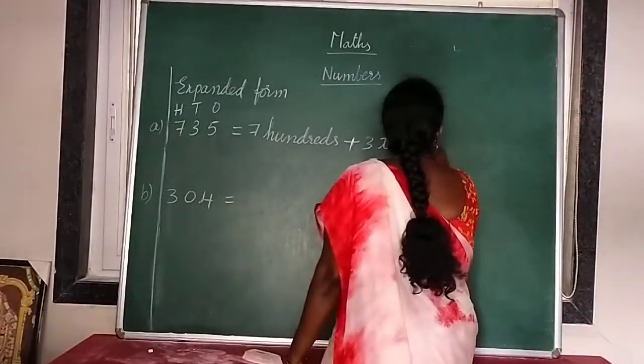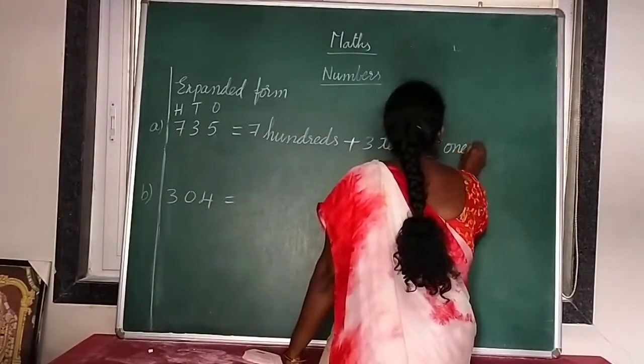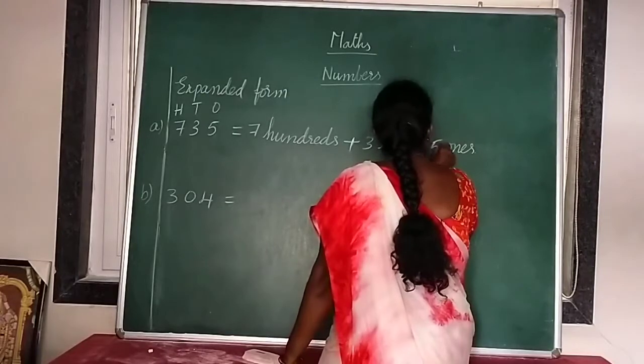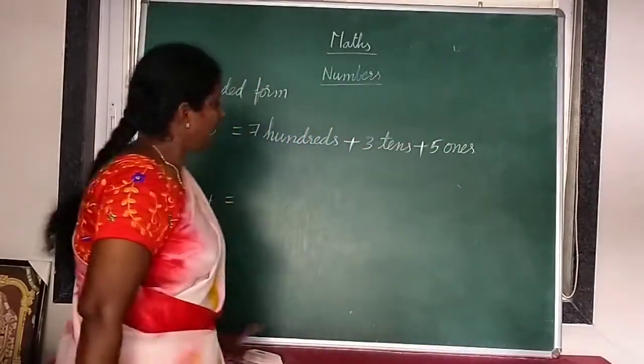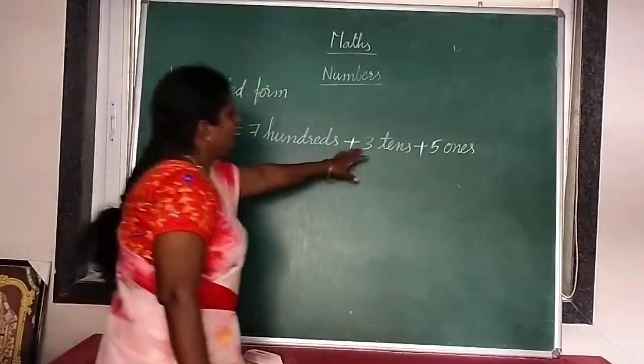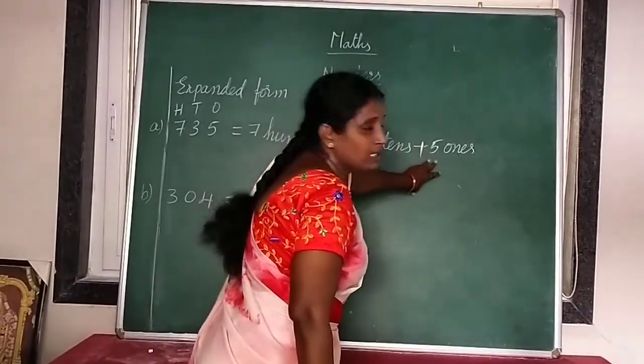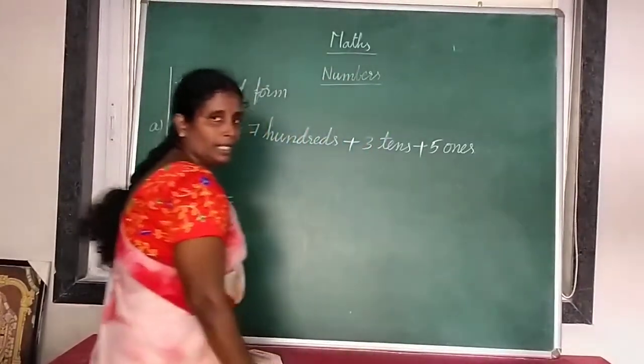So 5 ones. 700s plus 3 tens plus 5 ones. Understood?